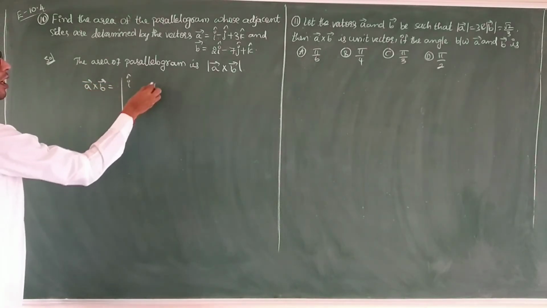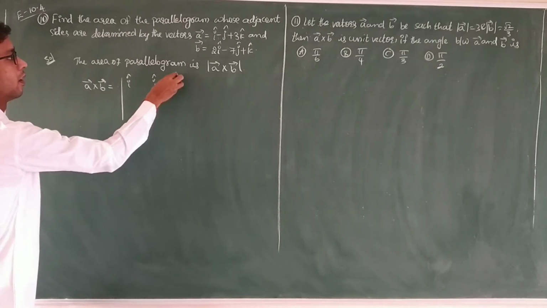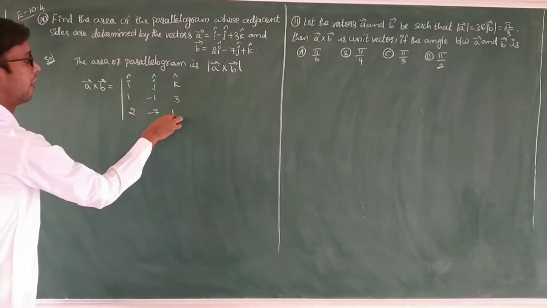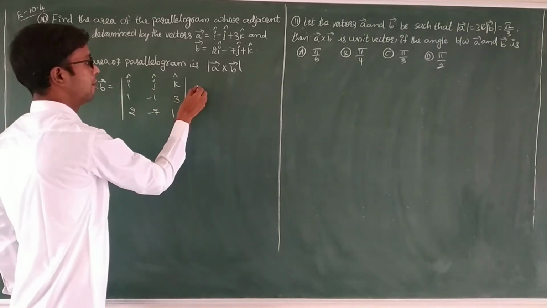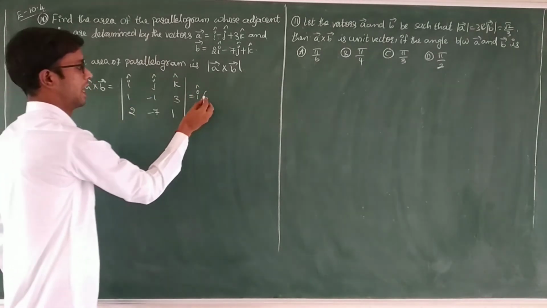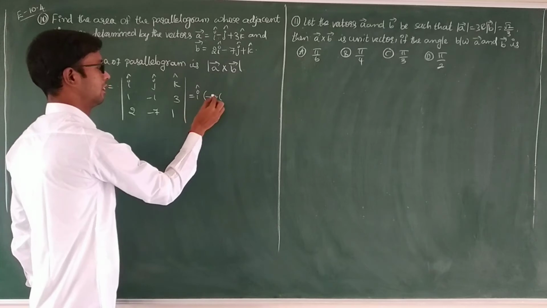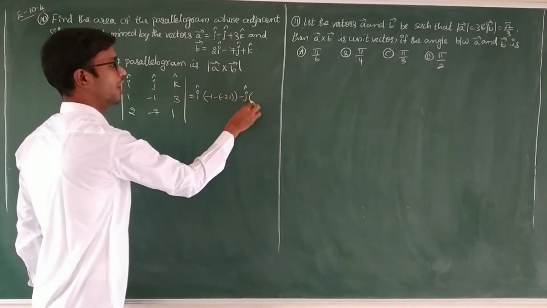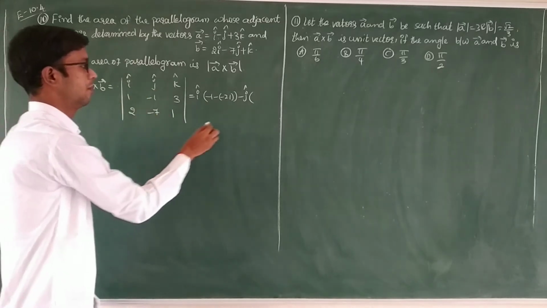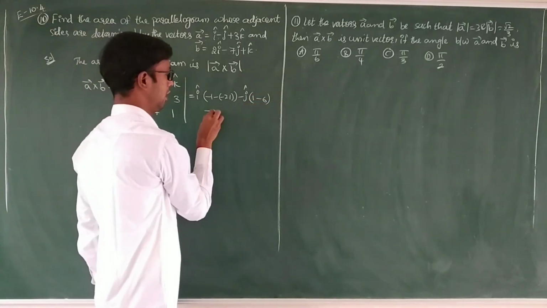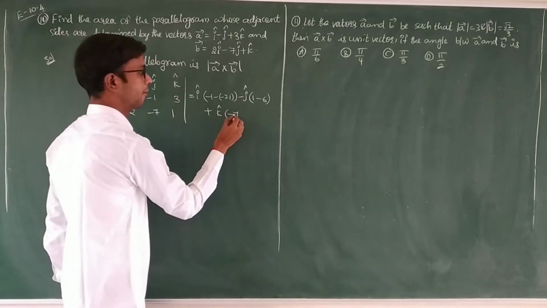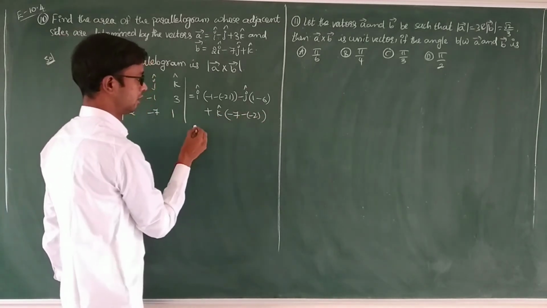I cap, J cap, K cap; 1 minus 1 3; 2 minus 7 1. So I cap into minus 1 minus 21, minus J cap into 1 minus 6, plus K cap into minus 7 of minus 2.